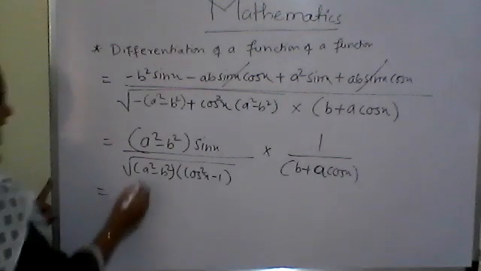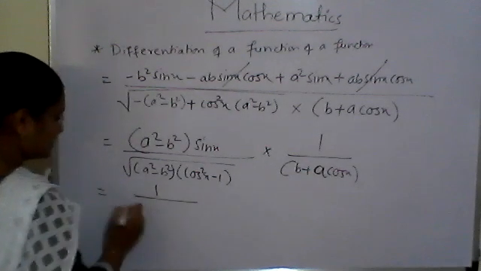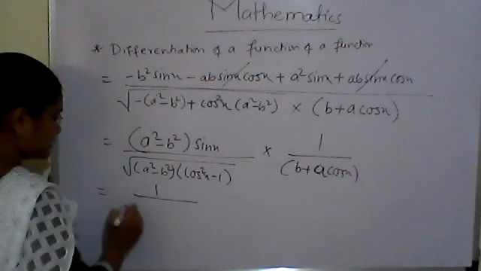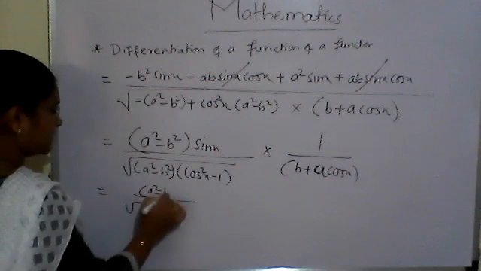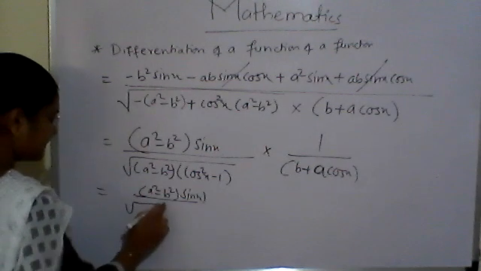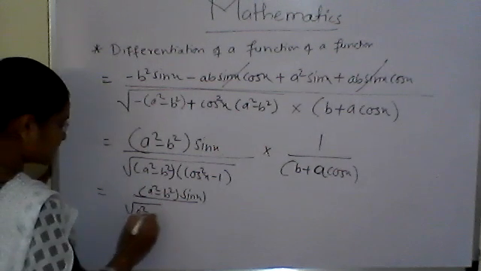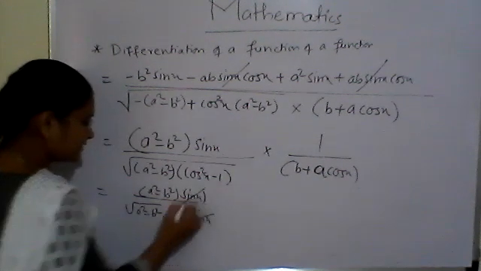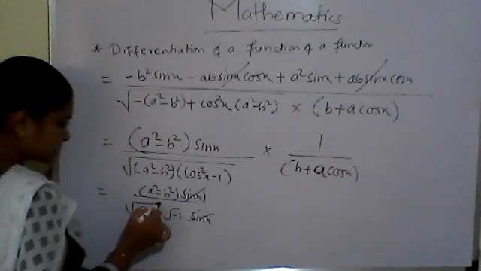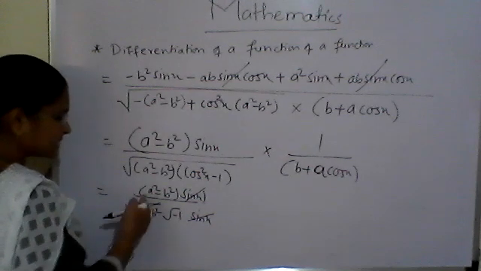So what we have? 1 upon square root of a square minus b square sin x. This will be square root of a square. Square root of minus 1 also will write this as it is. Minus 1 is there. We have taken common from this minus 1. It will be 1 minus cos square x will be sin square x. And in the root, this square root will be cancelled with its 1 by 2 power.